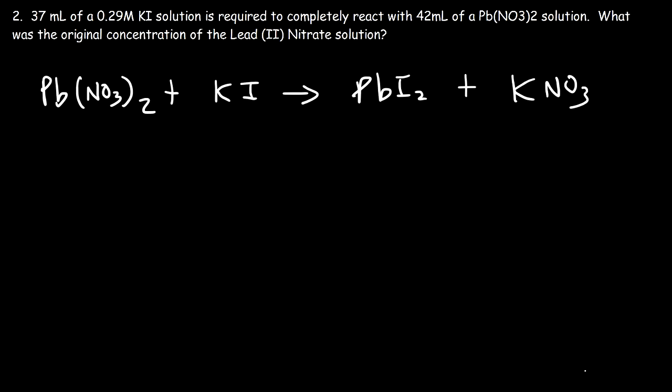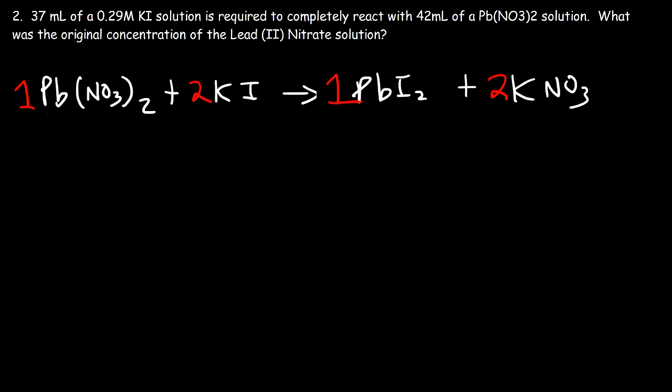Now our next step is to balance this reaction. Notice that there's 2 nitrates on the left side, so we got to put a 2 in front of KNO3. And we have 2 iodide ions on the right side, so we got to put a 2 in front of KI. And now the chemical equation is balanced.